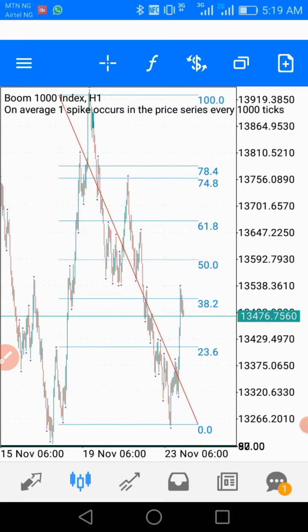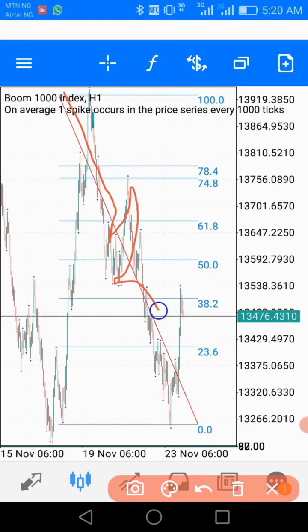Now let's zoom out. Just as you can see the significant levels, what can you see right now? The market was on a bearish move from here, making a series of lower highs and lower lows.